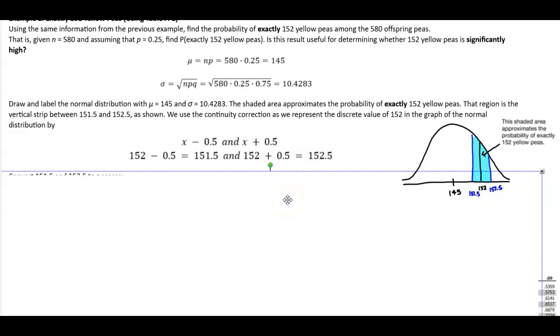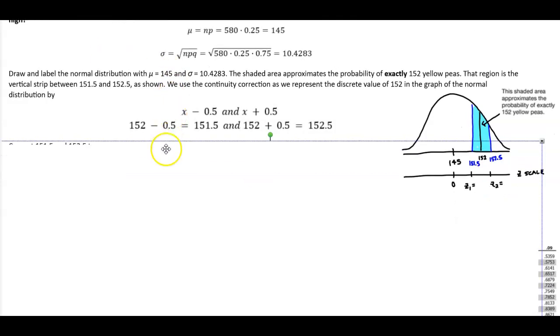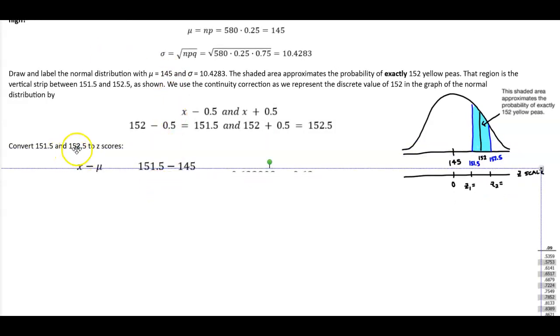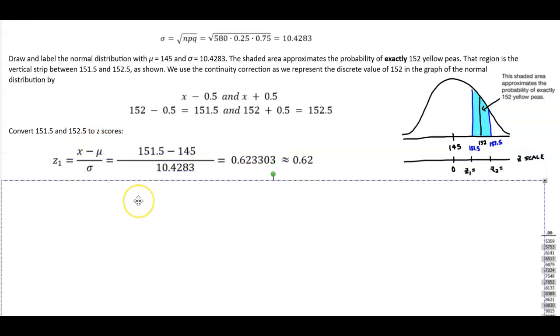The next thing we want to do is convert these into z-scores. In order to find the area in between these two, we want to find the z-score for 151.5 and the z-score for 152.5. For the first one, z1, we use 151.5.